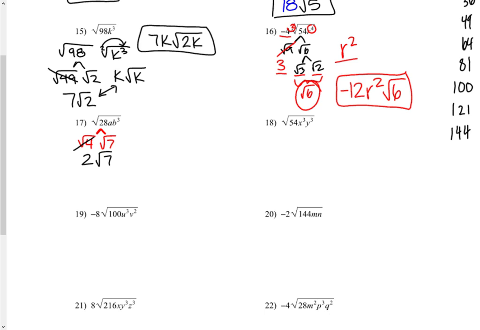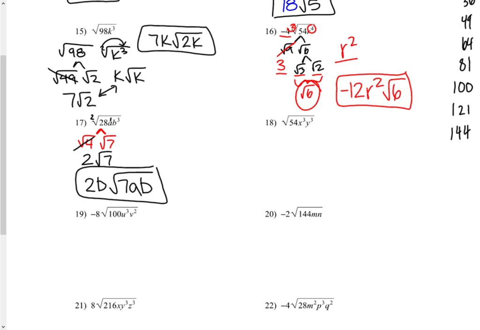When I go to take the square root of a, a is to the first power. 2 can't go into 1, so I can't take any groupings of a out. So a is going to be stuck underneath my square root with that 7. When I look at b, I have b cubed. 2 goes into 3 one time, so I can bring 1b out with 1b left over.